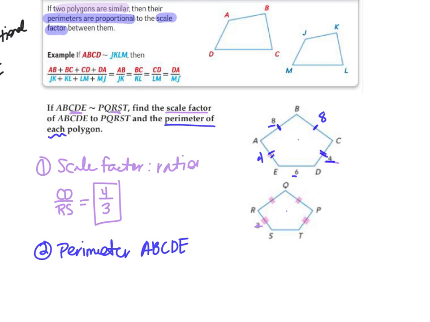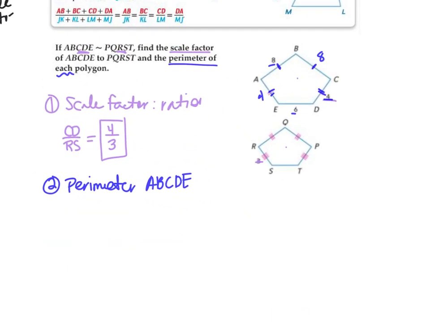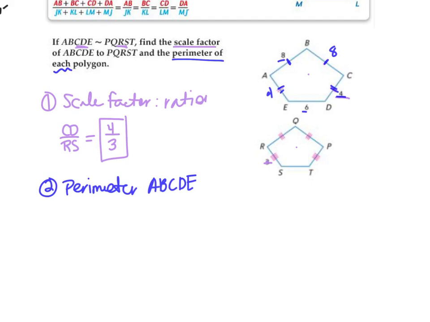To find the perimeter of ABCDE, we're going to add up all of our side lengths. So 8 plus 8, 4, 6, and 4 more. That's 8 and 8 is 16, 20, plus 10 more would be 30. So my perimeter of ABCDE right here is 30.